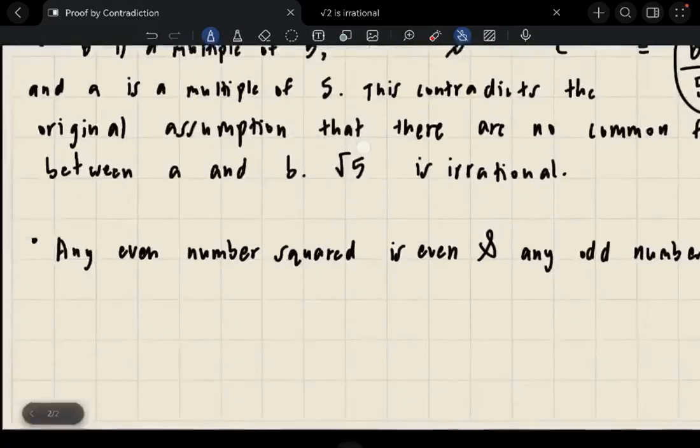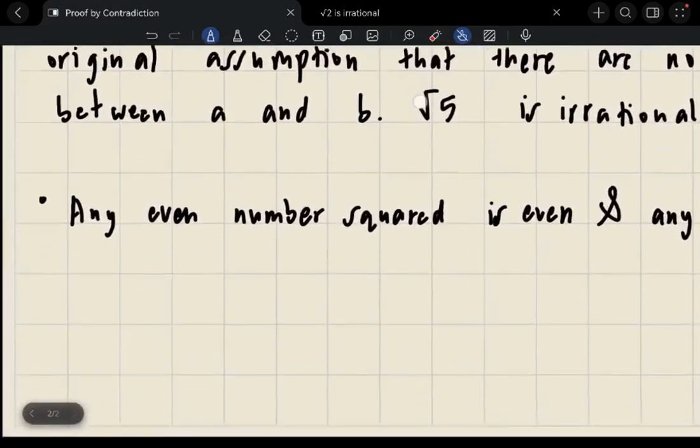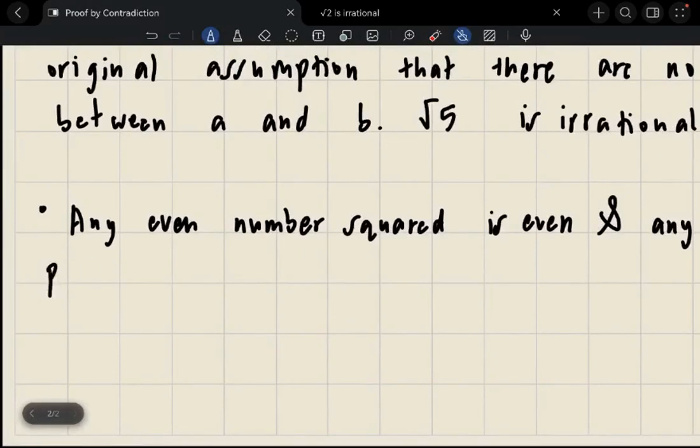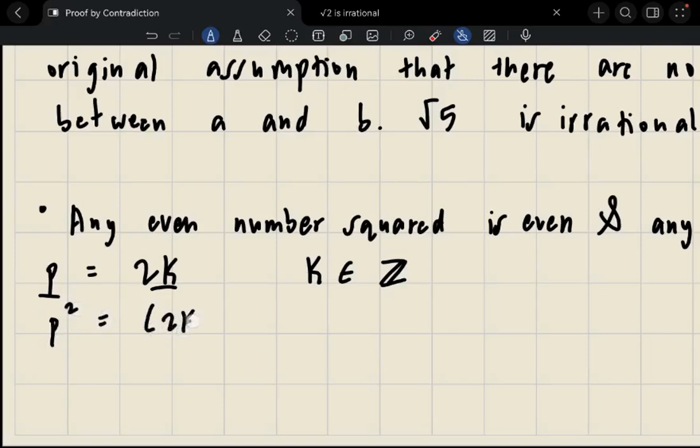So first, I'm going to start with writing an even number, which is represented by p, and then I can say it's going to be 2k, where k belongs to the integers. It has to belong to the integers, because it has to be a whole number, but it can take a positive or negative value. And then I'm going to square both sides, similar to the proof. p squared is equal to 2k squared, which gives me 4k squared.